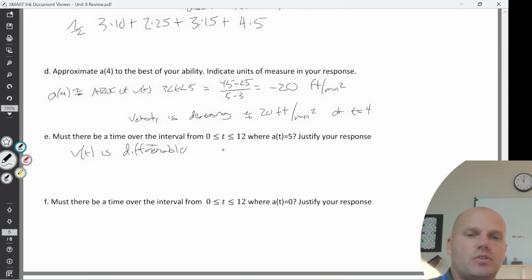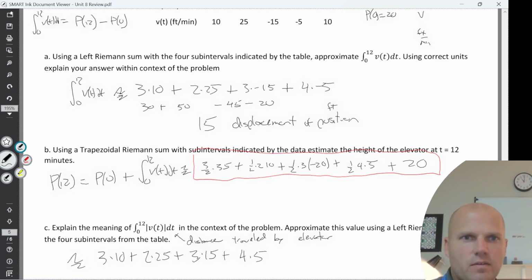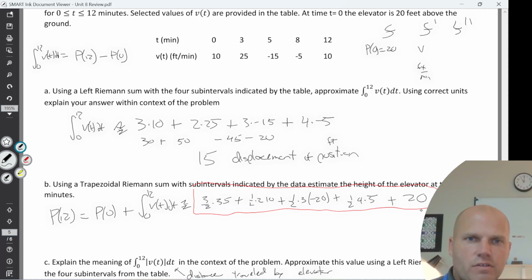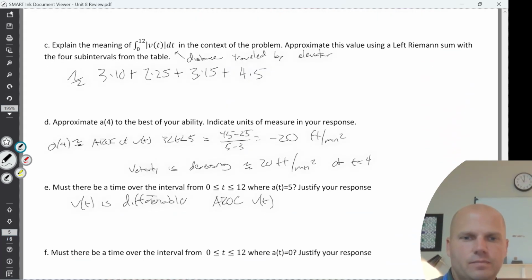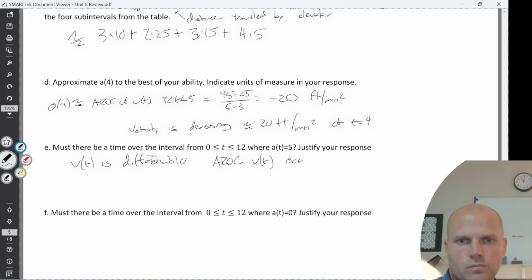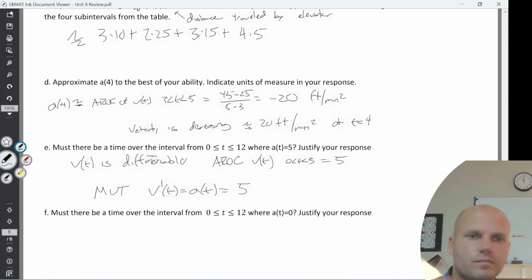And the mean value theorem says you're guaranteed to have. So the average rate of change of velocity over the interval 0 to 3 equals 5. Therefore, by the mean value theorem, V prime at some time, which equals A at that some time, must equal 5.